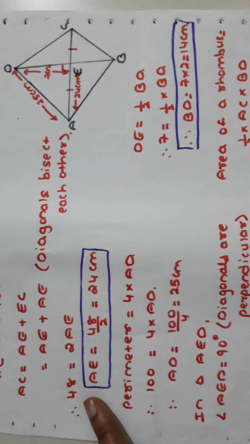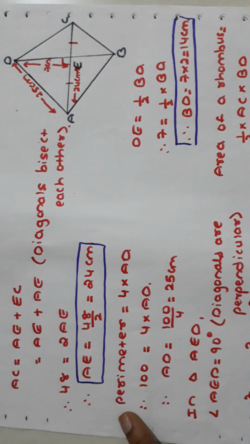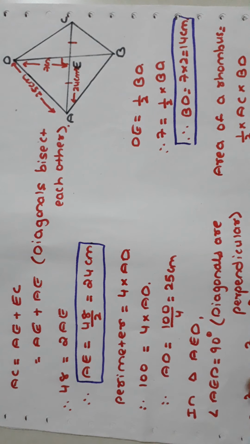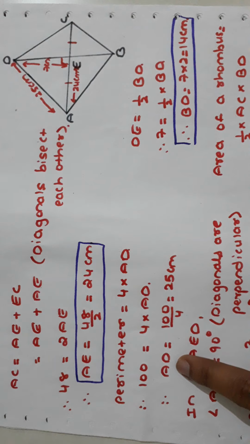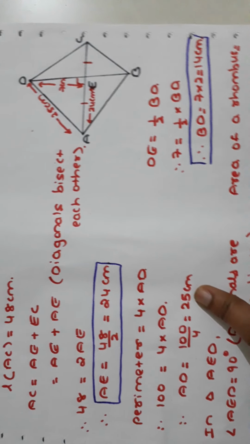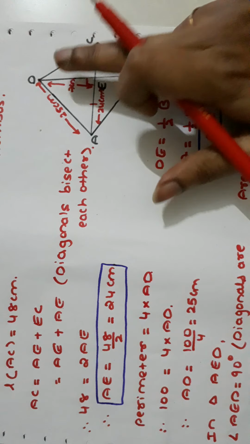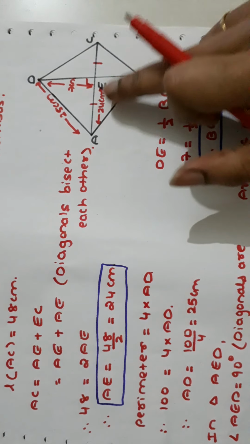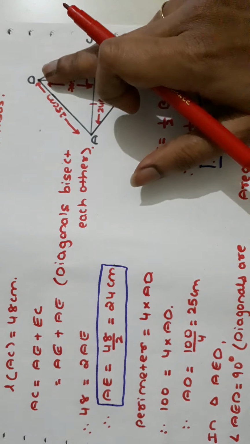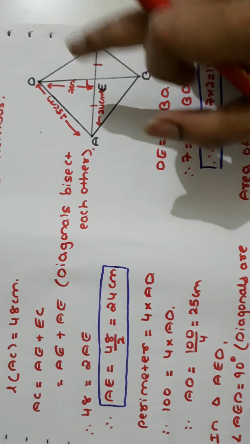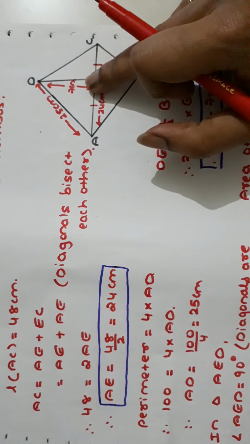With the help of perimeter, using the formula of perimeter, we are able to find the length of the side, that is 25 centimeter. Now since diagonals are perpendicular to each other, angle AED is 90 degree. We got AE, AD. So using Pythagoras theorem, DE is 7 centimeter.